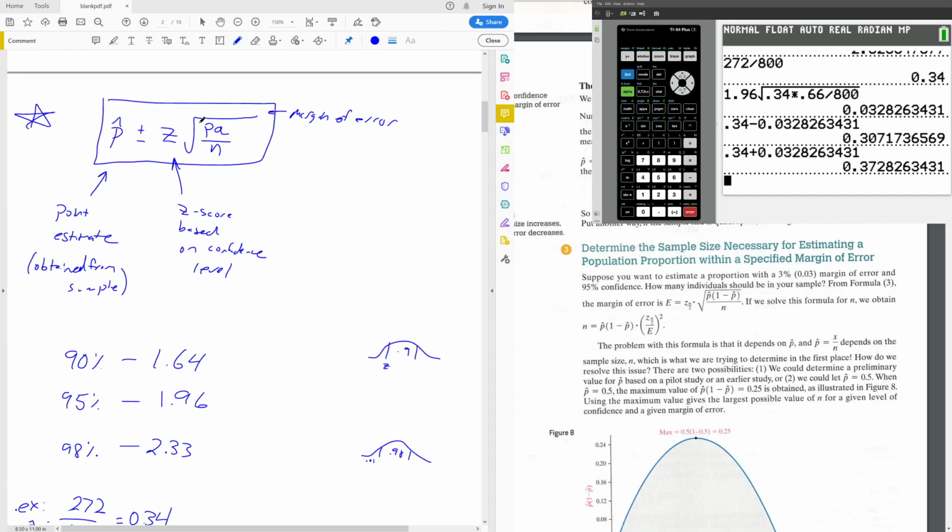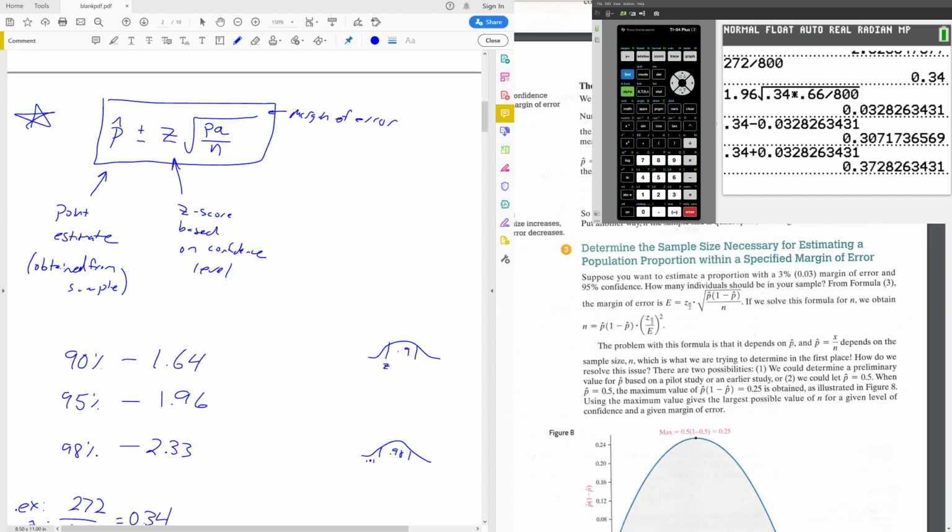What's that doing to this confidence interval? Well, we're multiplying that z-score by something, and then we're adding and subtracting that. So that's actually widening the interval, right? And that makes sense, because if we're 98% confident, then we're going to need a larger interval compared to if we're only 90% confident.